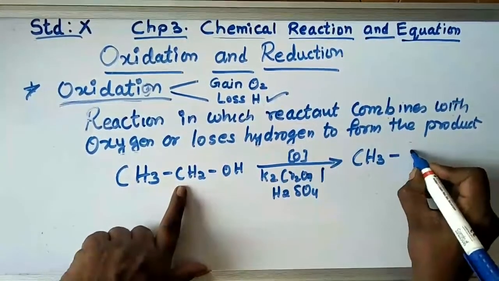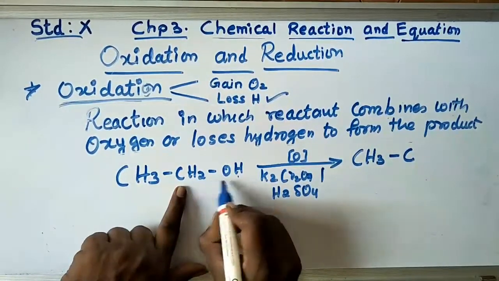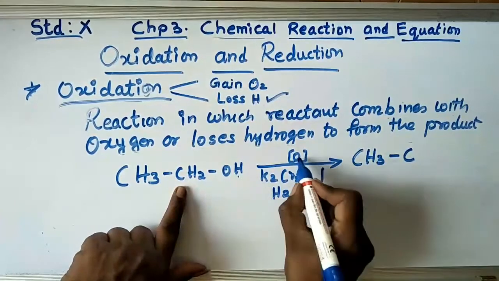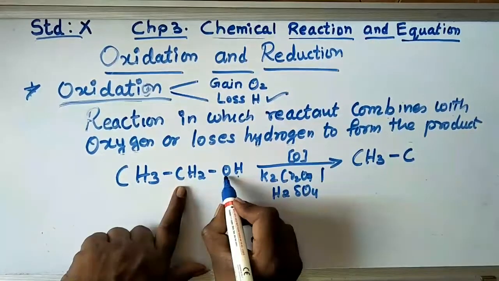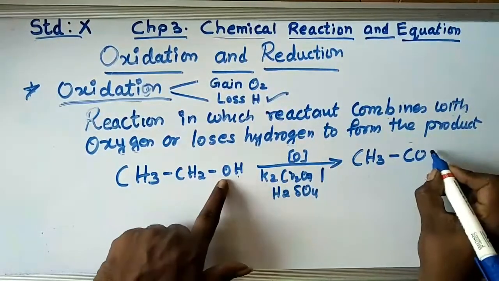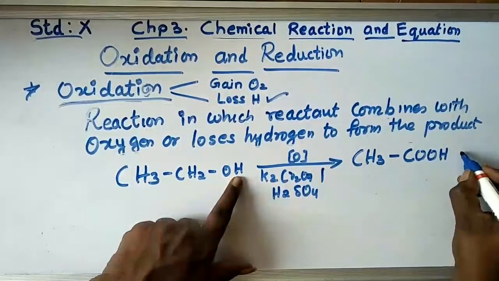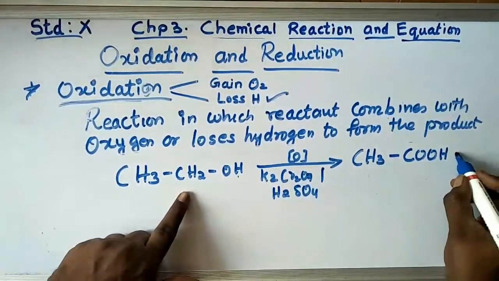Then here from C, remove H2. Here already 1 O is there, add 1 oxygen here, it becomes this oxygen and H, plus your hydrogen is removed separately.